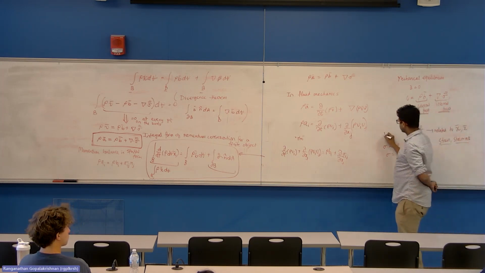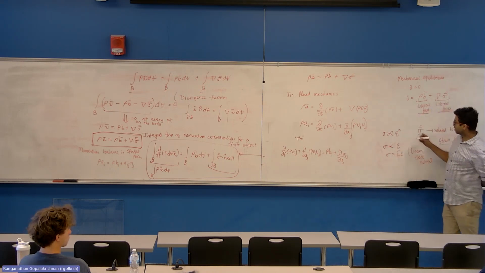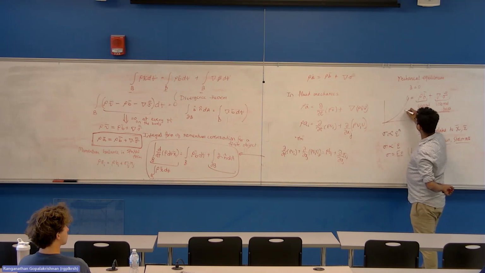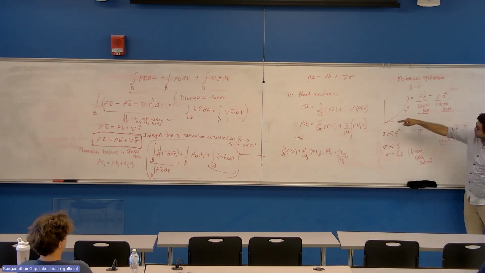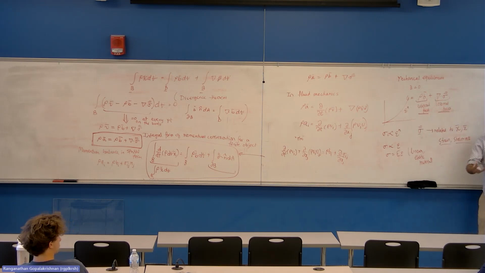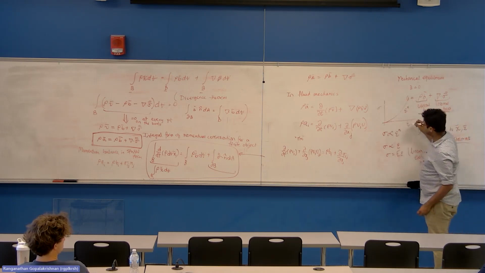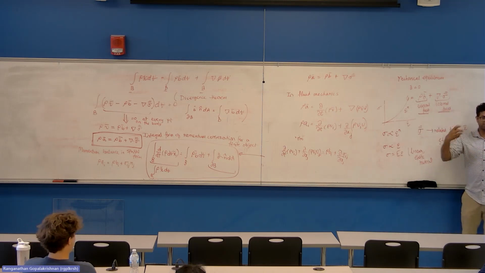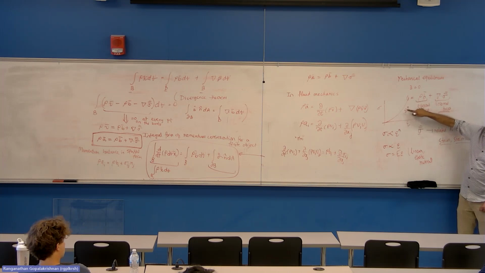So you want to write sigma is proportional to epsilon to the power n, where n is something that looks something like this. How will you describe this slope in practice? As you put more load or as you deform this material more, it becomes easier to deform.